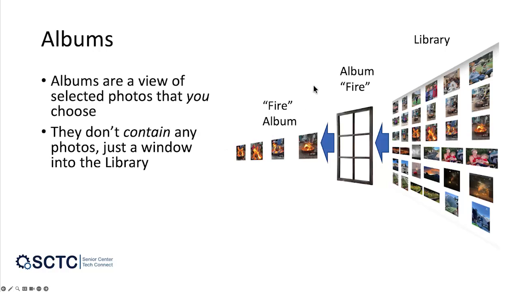The album itself doesn't contain any photos. And that's a little counterintuitive because we're used to using folders, and you can have folders within folders in the Photos app, but they're just a view into the library.